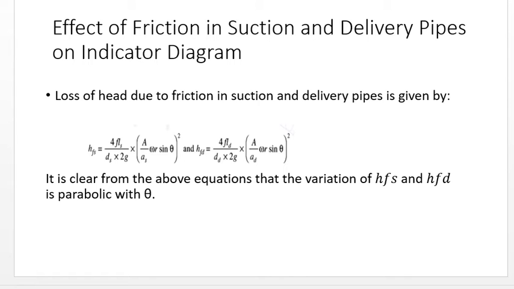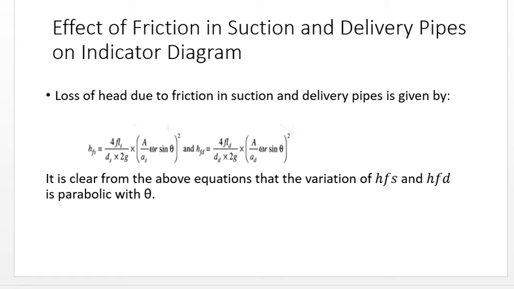In the same way these frictional heads show their effect on the indicator diagram. So these two formulas we had derived previously. Now we will see what will be the effect of these two heads on the indicator diagram.